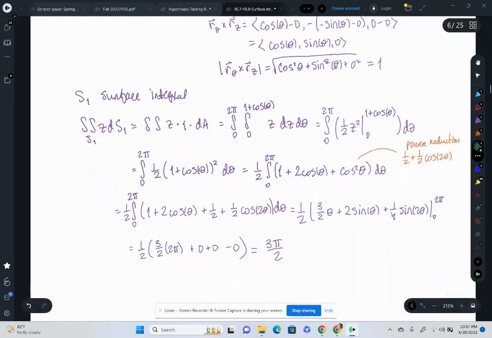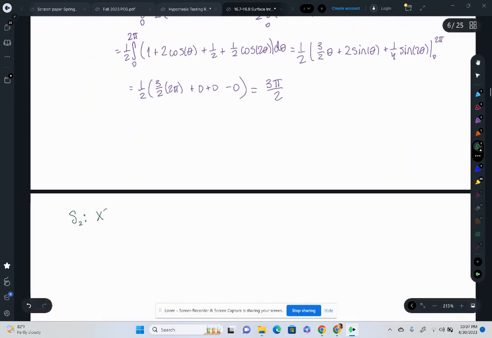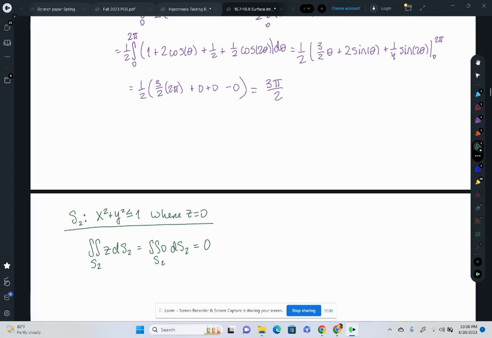Okay, this makes life nice. The double integral over S2 of z dS2, where z is 0, is just the double integral of 0 dS2, which is just going to give us 0. Okay, so we're done with S2, thank goodness.